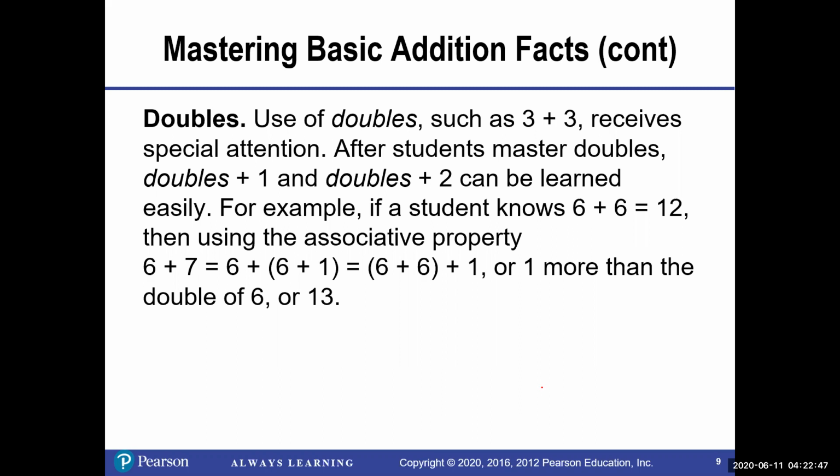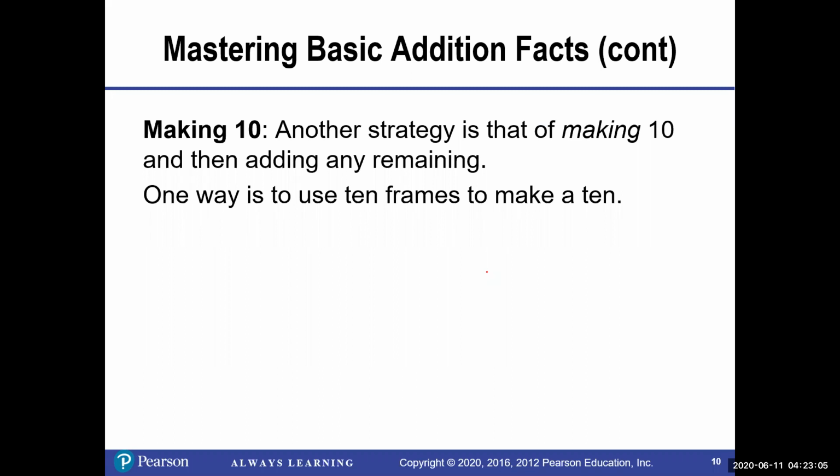Is that okay? So really 6 plus 7, you break that up and then you create a double, right? 6 plus 6 plus 1, and that gives you 13. So these are ways you can teach kids addition, strategies that help them understand easily.